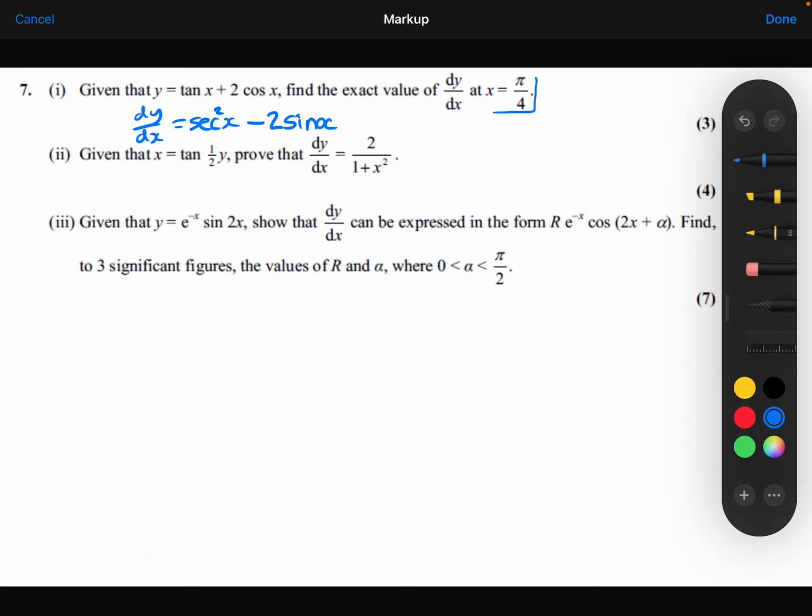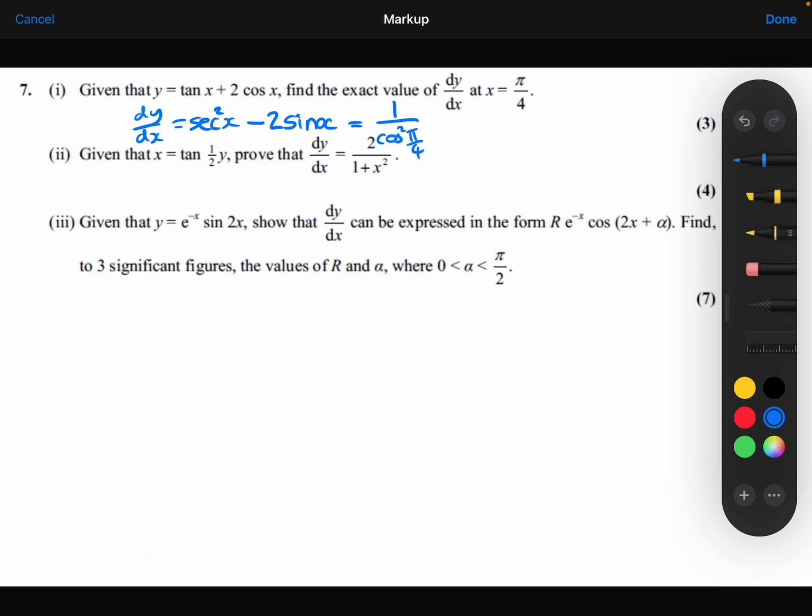We are now going to substitute pi over 4 into this. Now obviously I can't substitute that into sec squared using my calculator, but I can substitute into cos. Sec squared is 1 over cos squared.